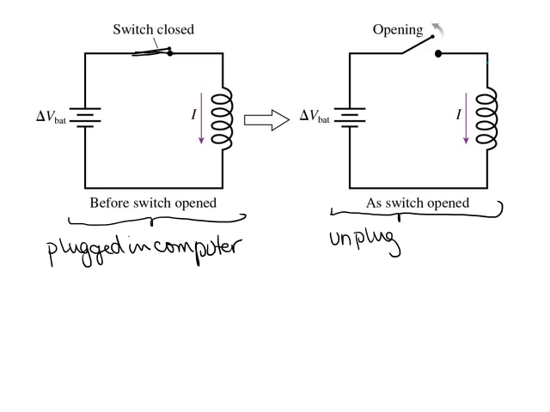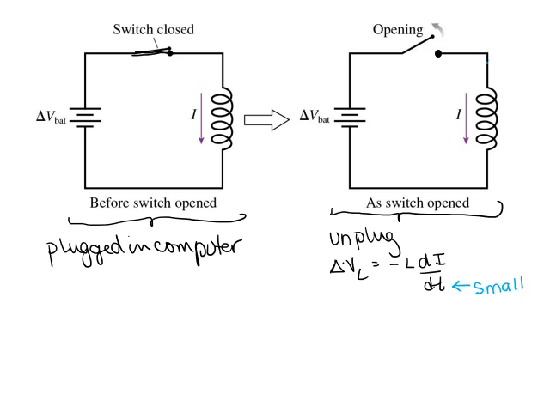Let's remember that the induced potential across the two ends, delta V, is equal to minus L dI by dt. So the induced potential is going to be the inductance times the change in current over the change in time. Delta V is going to be very big if the current changes fast, like flipping a switch. So delta t is small because it doesn't take us very long to unplug it.